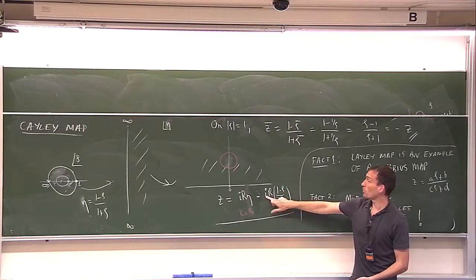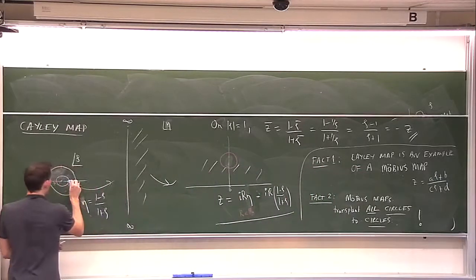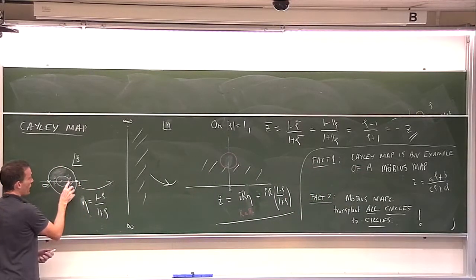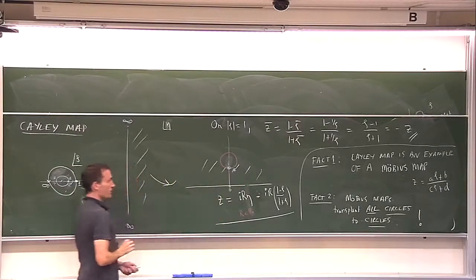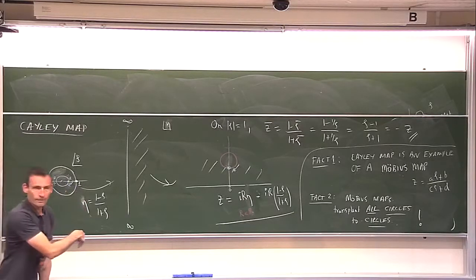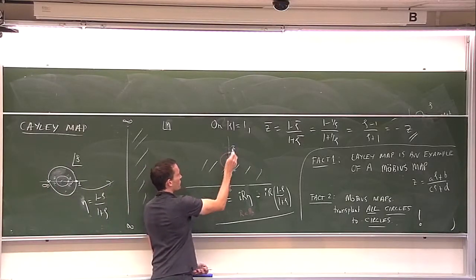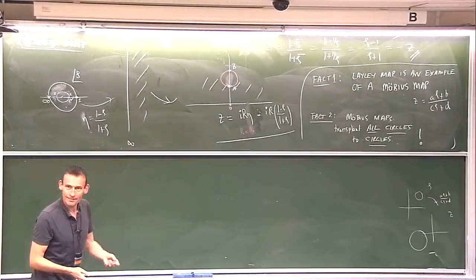So it will be on the imaginary axis. Let's call these points A and B. A is going to be very close to the origin on the imaginary axis, so this will be the image of A. And over here I go to minus rho. That's also going to be on the imaginary axis, but further away. Everybody see?